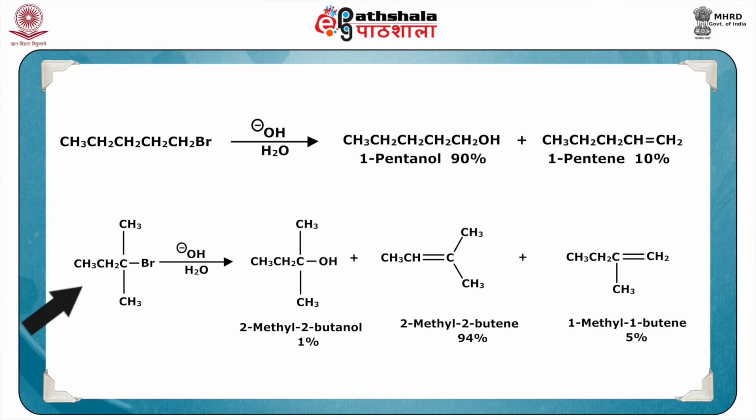So, you have noticed that when the alkyl halide was primary, it was still giving you predominantly the substituted product, but when it goes to the tertiary halides, then the elimination dominates over the substitution.